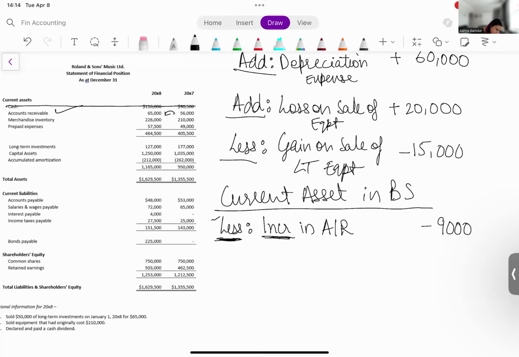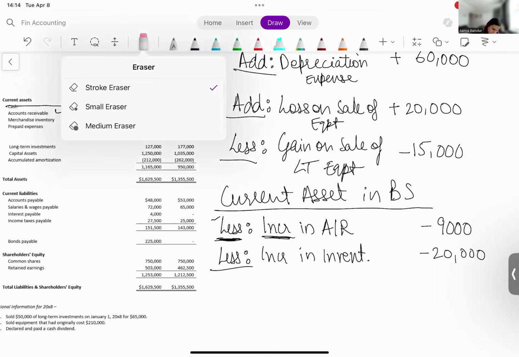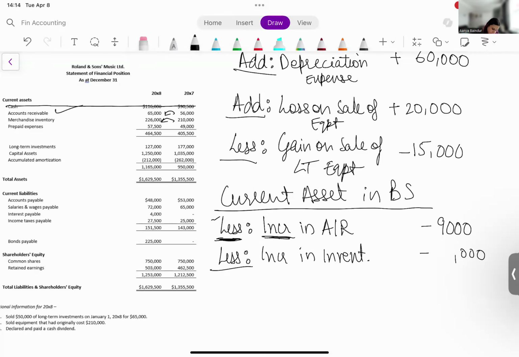Now, next we have merchandising inventory, which increased by 16,000. So if it's an increase of 16,000, we are going to decrease it from our cash flows: less increase in inventory, 16,000. Lastly, we have prepaid expenses.